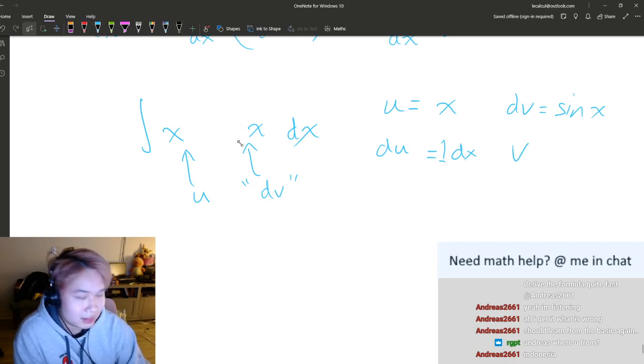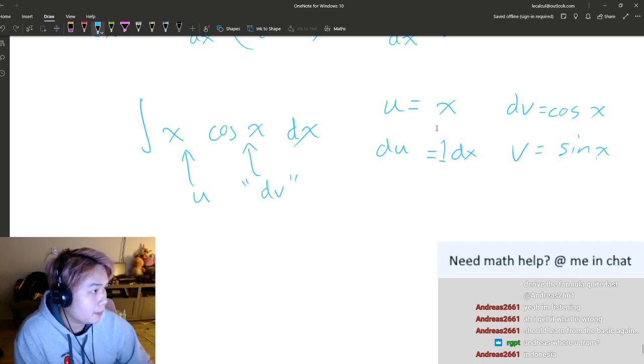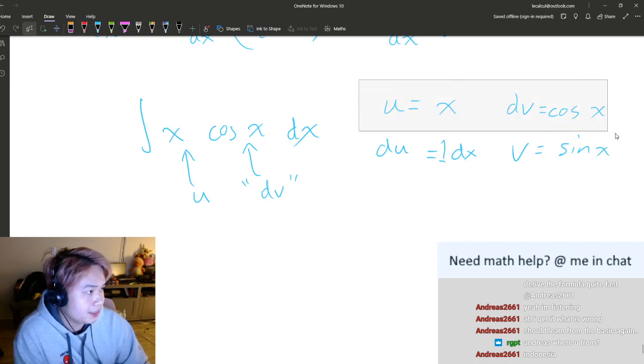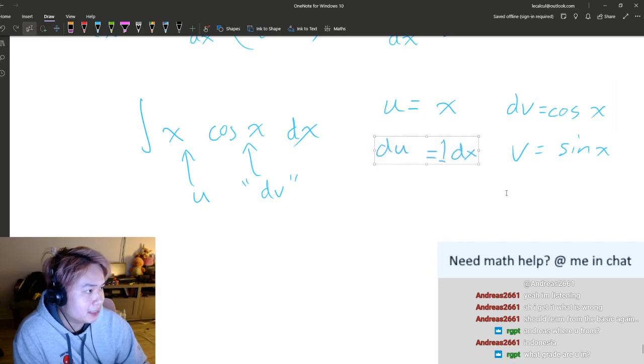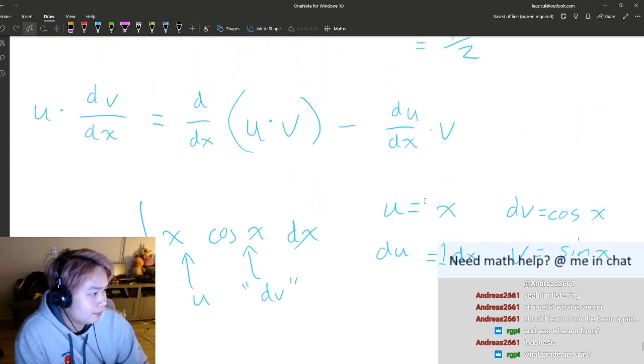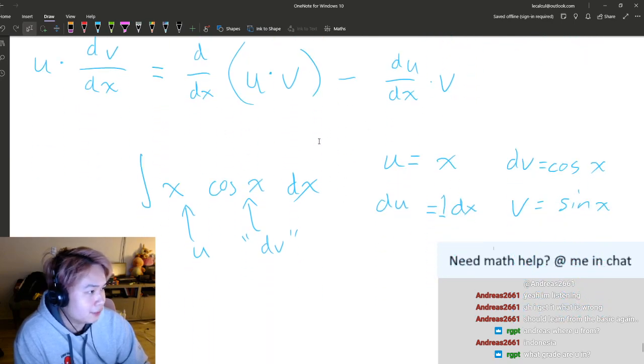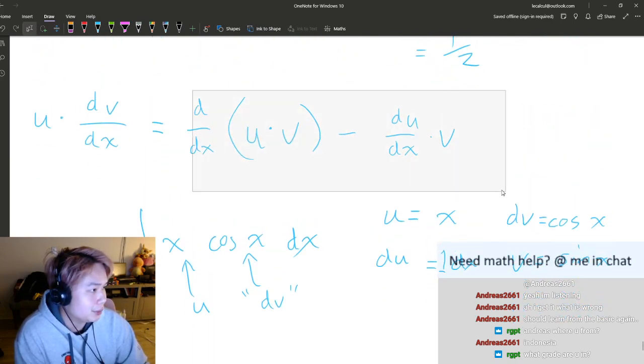I should have used cosine. So yeah, once you set this up, then you just derive this u part, and then you integrate this part. And then you go from there. Then you can just plug them both into here, right?